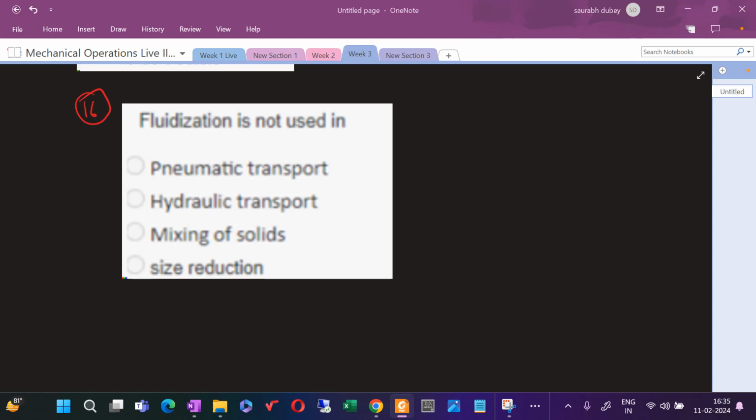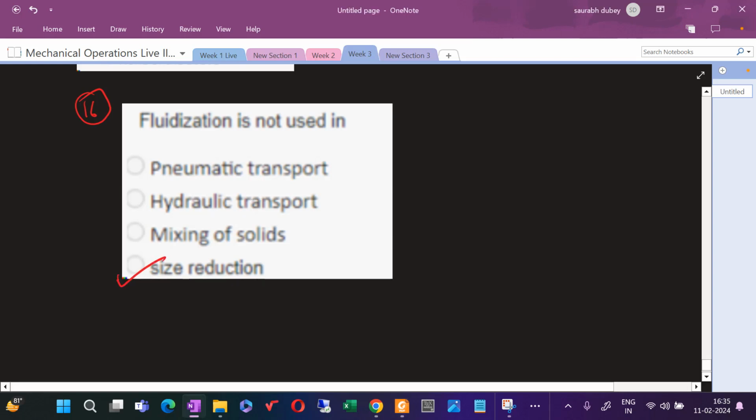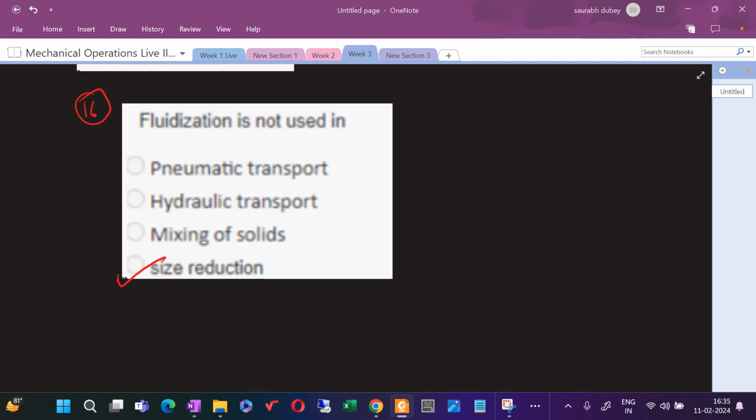Size reduction is actually a different thing, and the other three options are correct. Only size reduction is the one which is not done by fluidization. So that is the 16th question, and then the 17th question is: Carman-Kozeny equation is valid for.